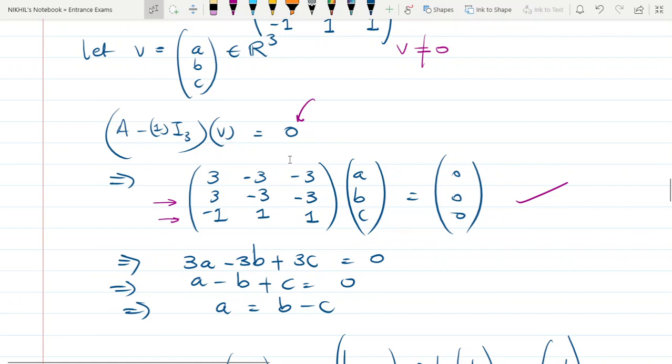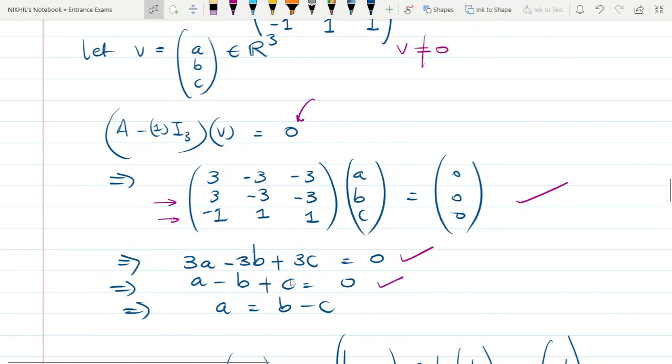Equation 2 is the same as equation 1, and equation 3 is 3 times equation 1. So I can discard equation 2 and equation 3 because they are just scalar multiples of the first equation. That's why I have written the first equation only here. You can take 3 common out from here, so this is going to look like this.